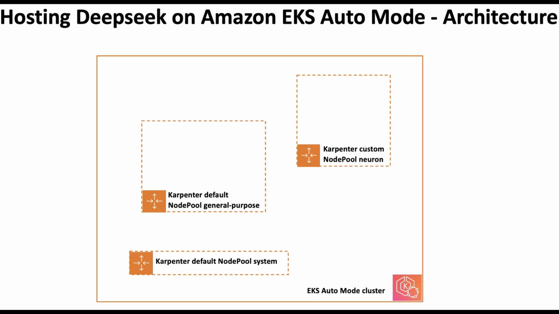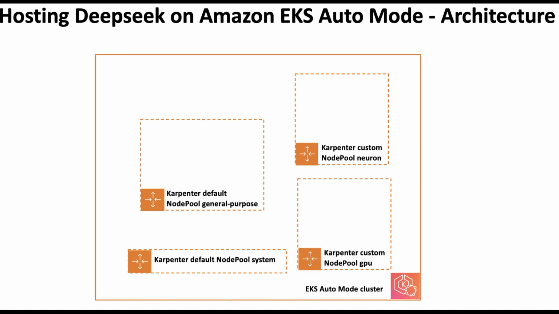Apart from the default node pools, we will also create custom Karpenter node pools, one for GPU based EC2 instances and a second one for Inferentia or Trainium based EC2 instances. The node pool specification allows for fine-grained control over the EKS cluster's compute resources through various supported labels and requirements.